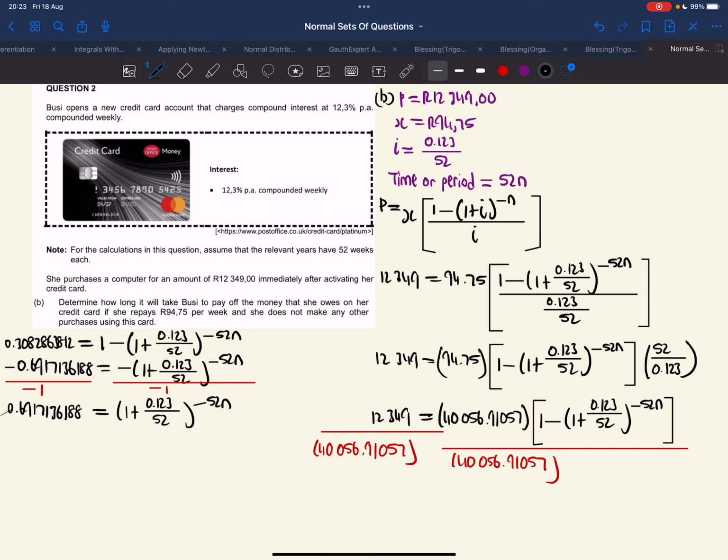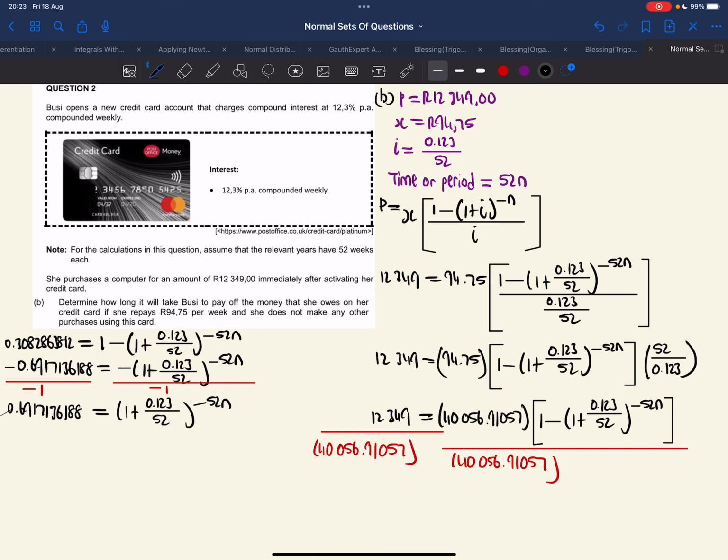The next step is to use log laws. You're basically going to use your log laws to solve this.